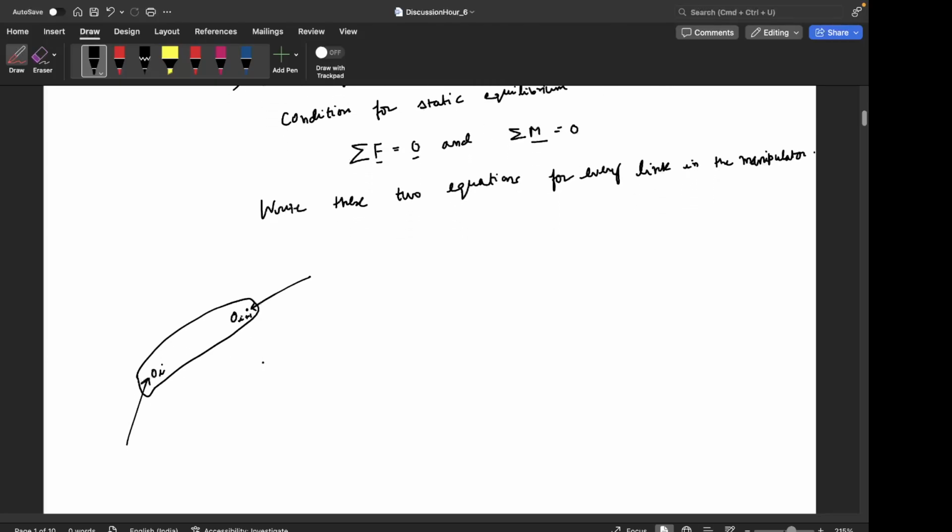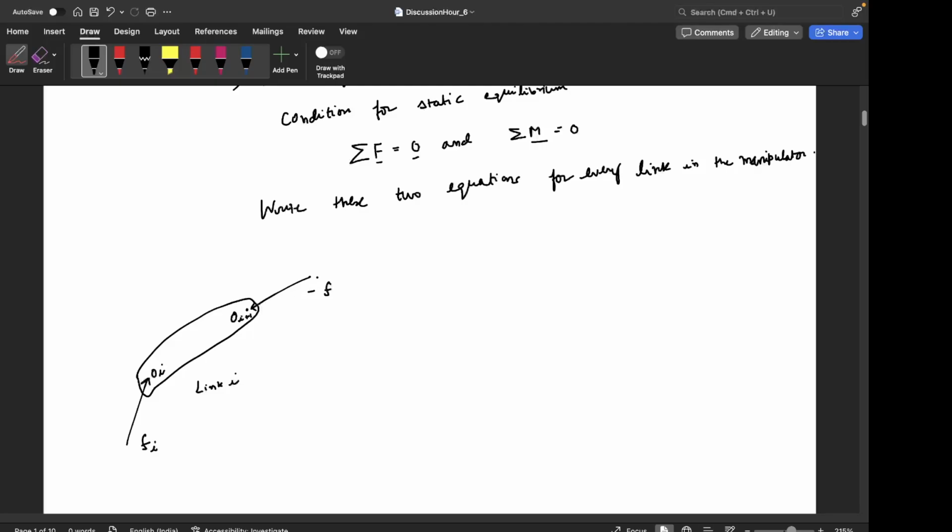So this is link i. Link i experiences a force Fi that is applied by link i minus 1, and this link i applies a force Fi plus 1 on link i plus 1, but from Newton's third law, it would experience an equal and opposite force.